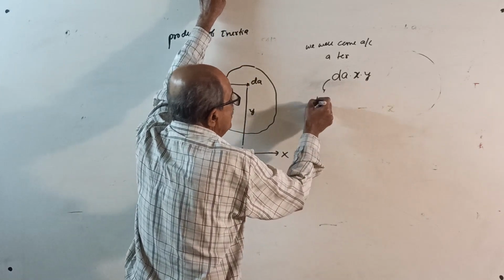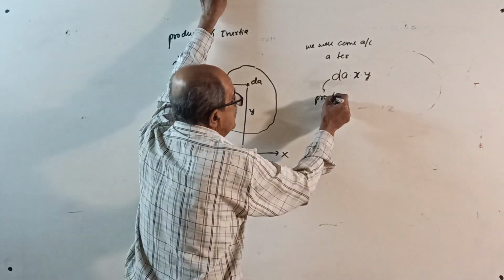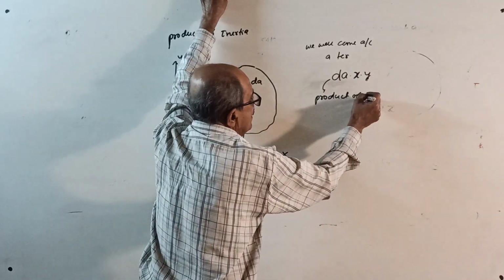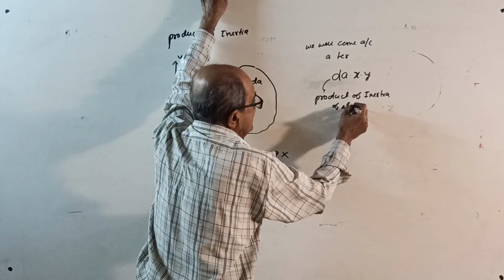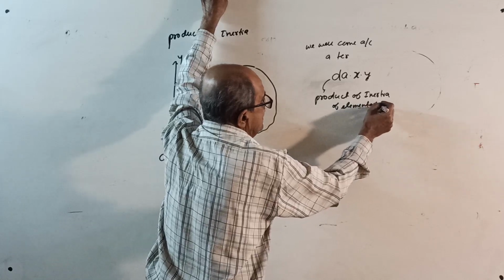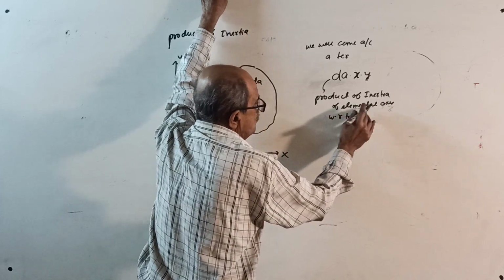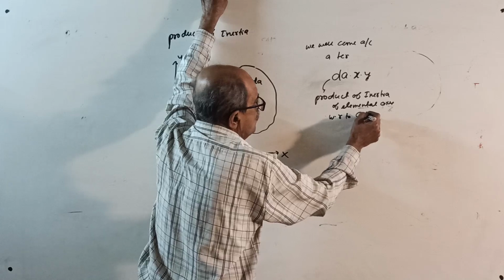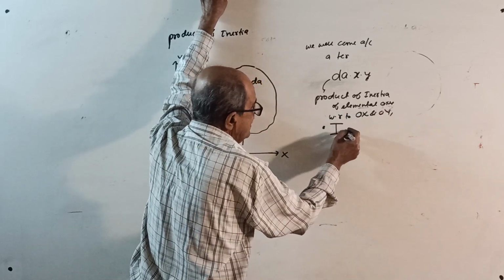But dA into x into y is something else. This term is called product of inertia. Product, because x and y both are there. Product of inertia of the elemental area with respect to OX and OY. That's why it is called IXY.